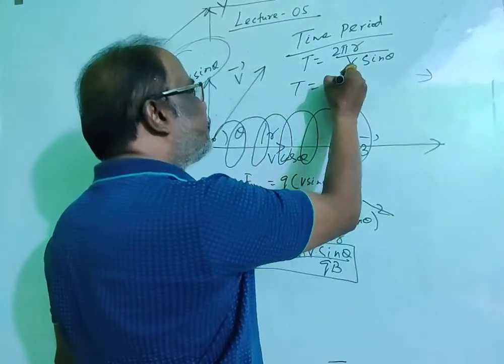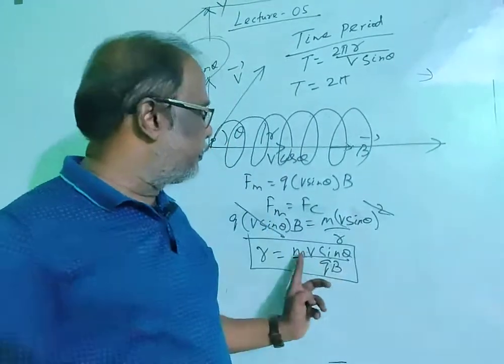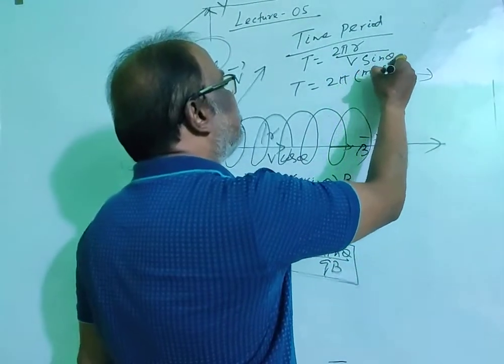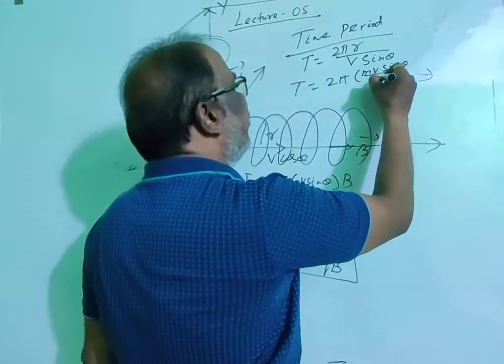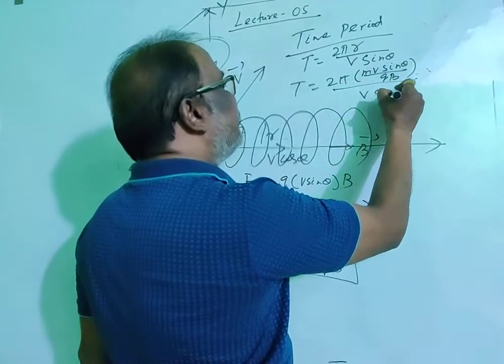Again, time period is 2 pi times the radius. We have got the expression for radius: m v sin theta by q B. In place of radius, m v sin theta by q B divided by v sin theta.